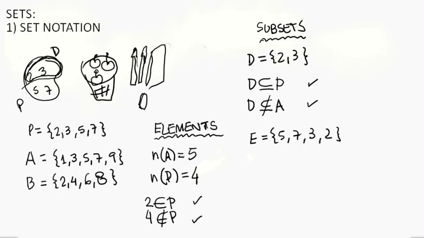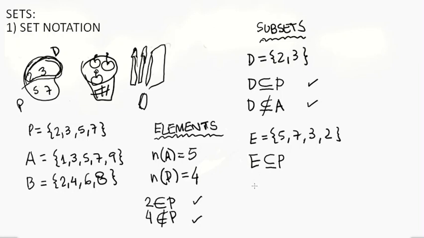Take a look at the elements in set E and in set P. They have exactly the same elements. So they are in fact the same set, just in a different order. So E is indeed a subset of P. If they are the same, they will be a subset of each other.